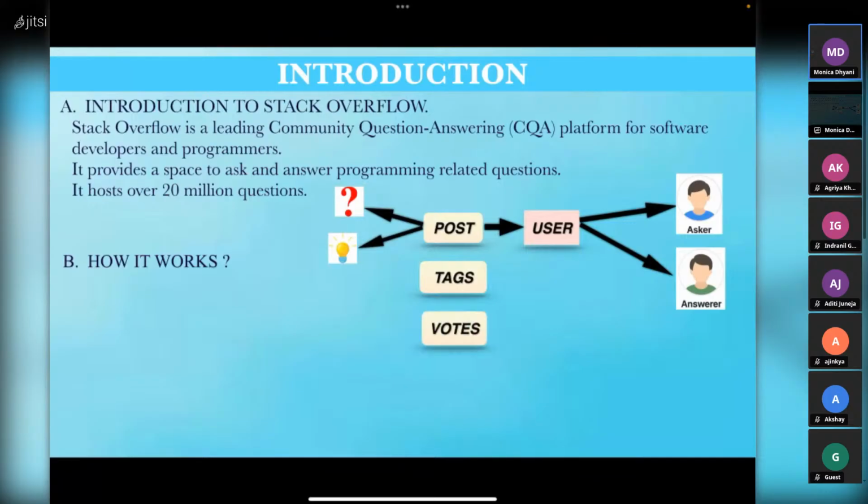In Stack Overflow, users can also vote as per the usefulness of the post. If a user finds the post to be useful and well explained, the user upvotes the post. And if the user finds the post to be unclear and not useful, then the user downvotes the post.